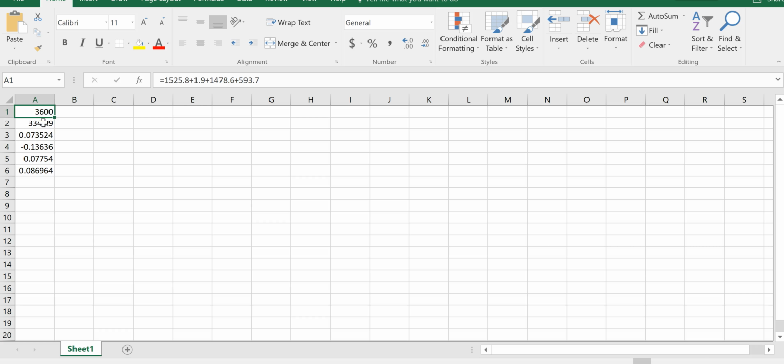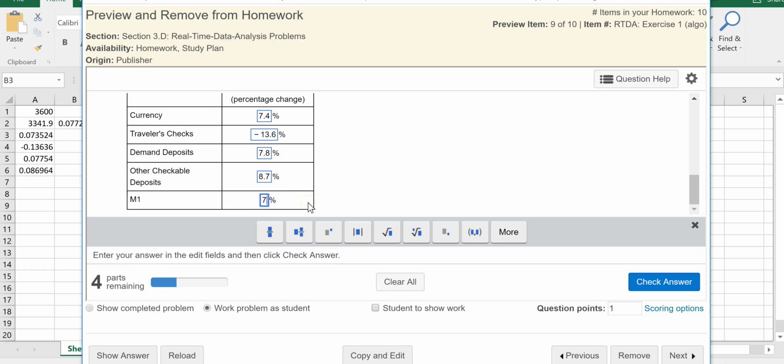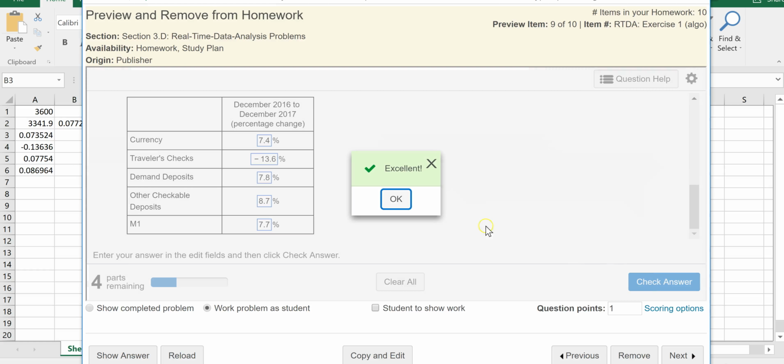We actually did the calculation here, so we just need to do the percentage change. This is December 2017 minus December 2016 and over December 2016. So this gives me 7.7%. Now let me check my answer.